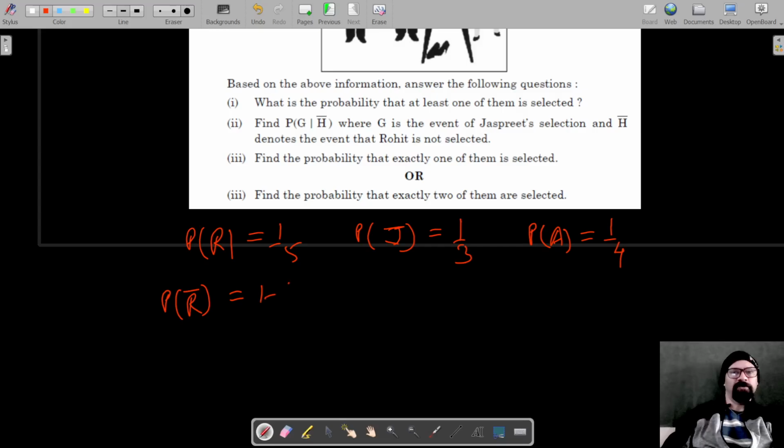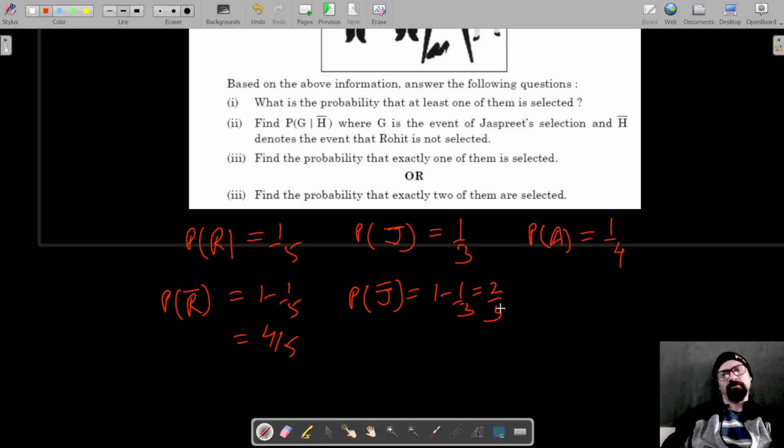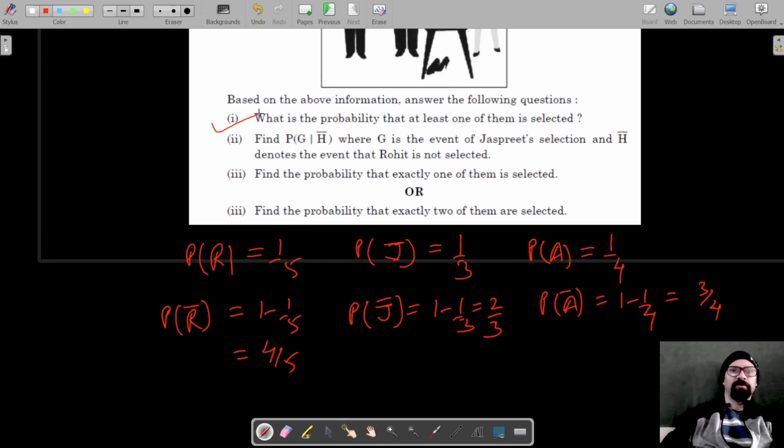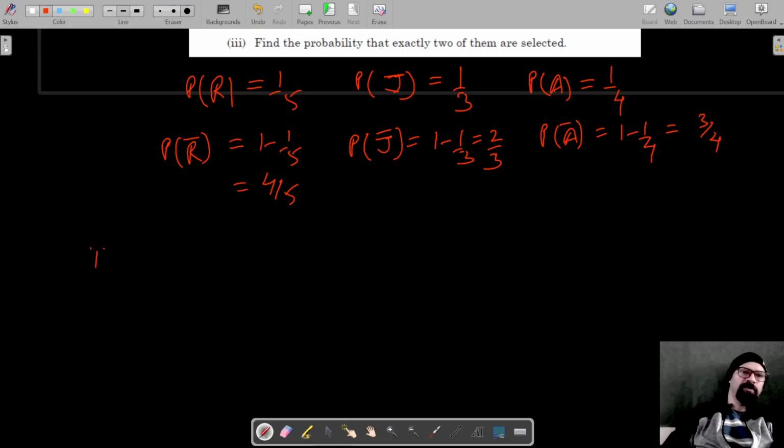Probability of Rohit's not selection is 1 minus 1 by 5, which is 4 by 5. Similarly, probability of Jaspreet's not selection is 1 minus 1 by 3, which is equal to 2 by 3. And probability of Alia's not selection is 1 minus 1 by 4, which is 3 by 4. Okay. So what is the probability that at least one of them is selected?